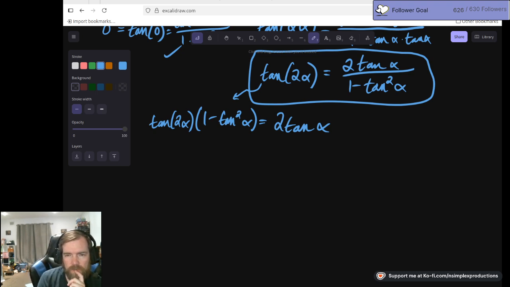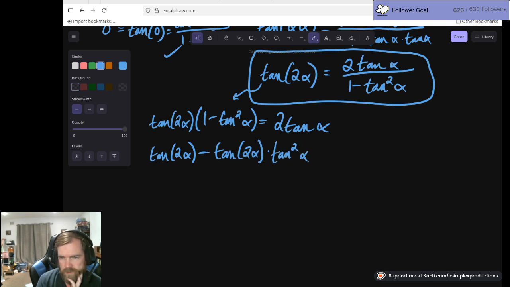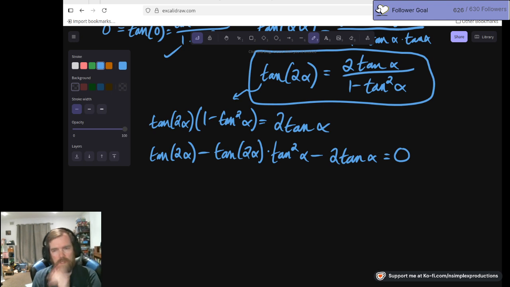I think the only way that we can even attempt at doing this is by multiplying all this out. So tangent 2 alpha minus tangent 2 alpha times tangent squared alpha minus 2 tangent alpha is equal to 0. And I mean, technically this is a quadratic on tangent of alpha. It's kind of gross.